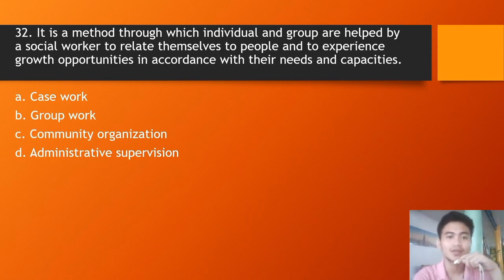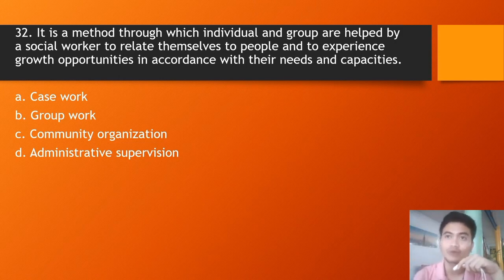Number 32. It is a method through which individual and group are helped by a social worker to relate themselves to people and experience growth opportunities in accordance with their needs and capacities. So, the correct answer here is group work. Through group experience, through opportunities provided in the group interaction, there is a change brought about by this interaction within the group or outside the group.